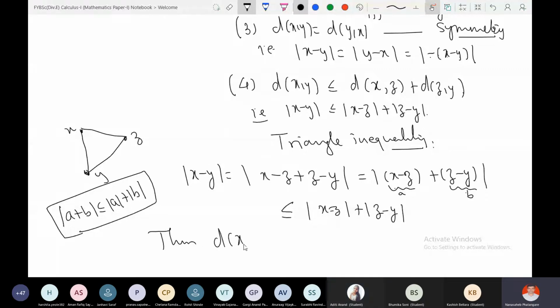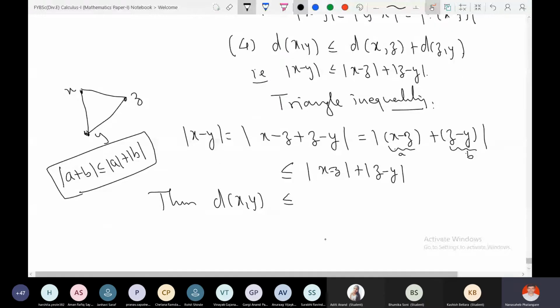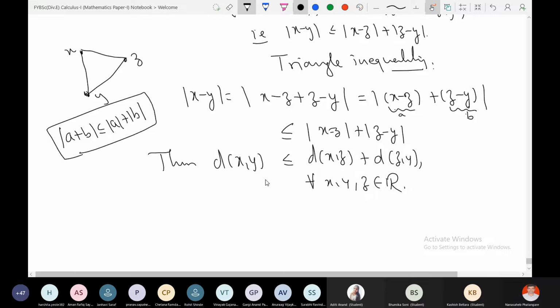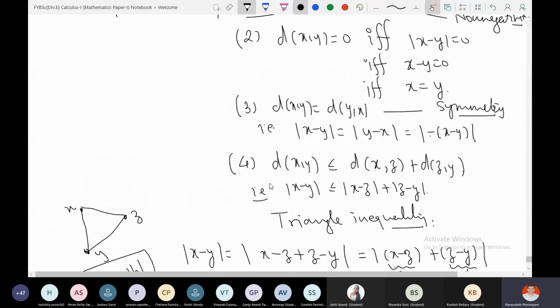The distance of xy is less than or equal to the distance between x and z plus the distance between z and y, no matter what x, y, z you select. So this is the triangle inequality.